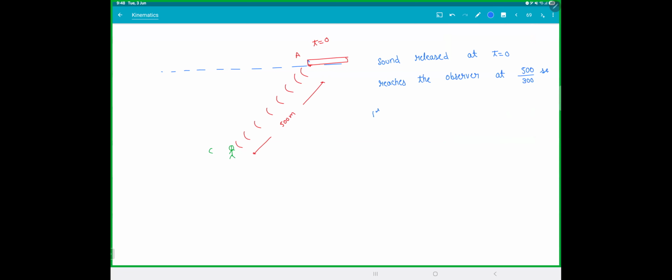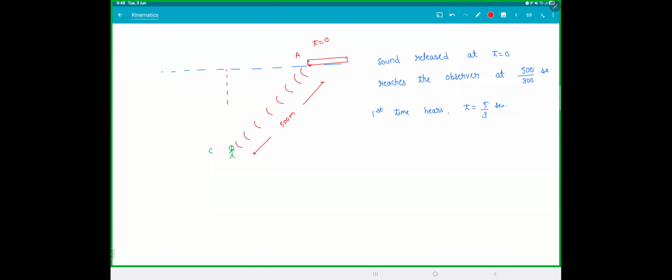That means the first time he will hear the sound will be at 5 by 3 seconds. The sound was released at t0, but he won't hear it at t0. He will hear it after 5 by 3 seconds. You're getting the catch? The first time the engine driver started the horn, the guy doesn't hear the sound immediately. There's a delay of 5 by 3 seconds.